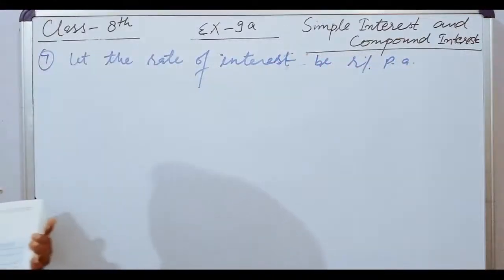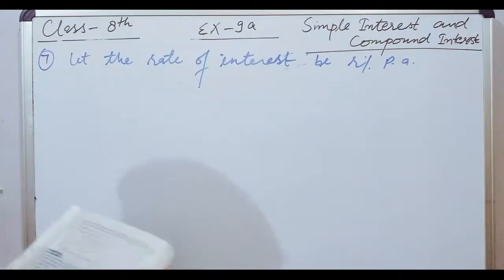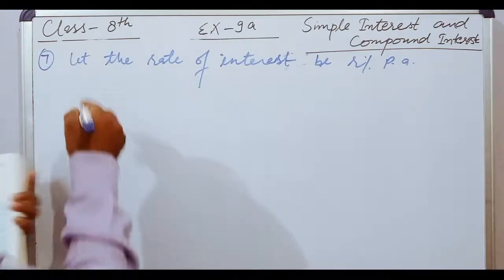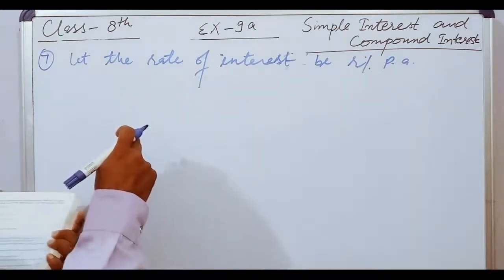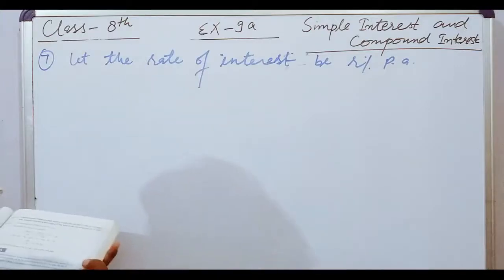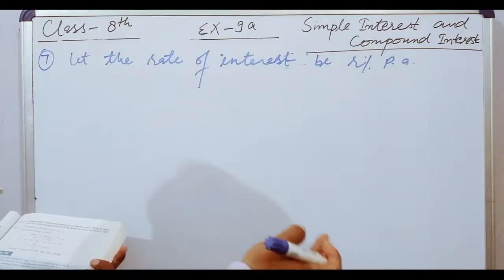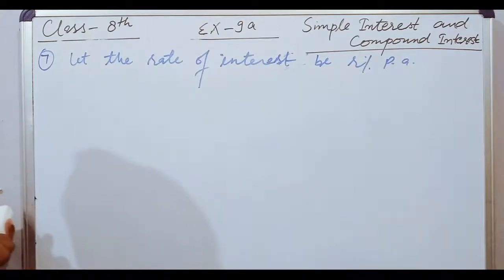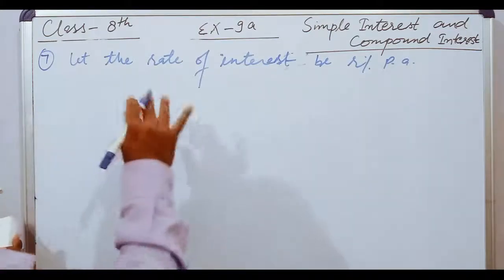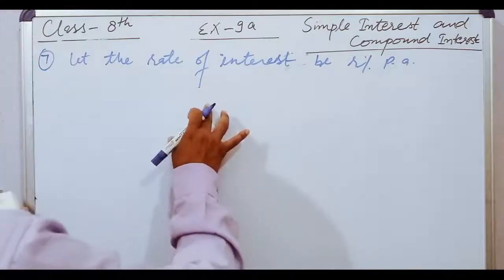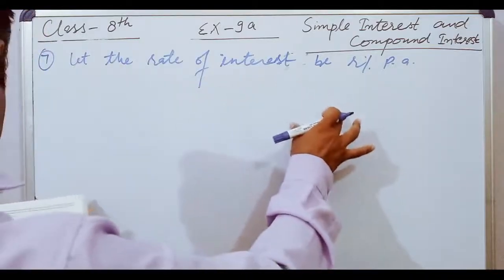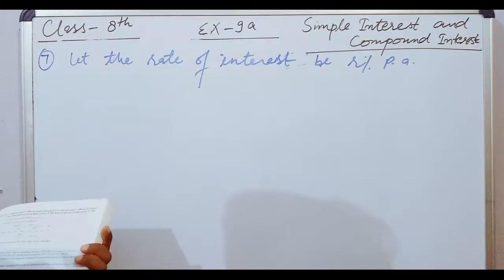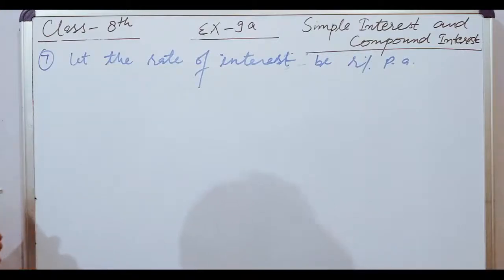It means we have to find interest 3 times: for 400, for 550, and for 1200. We will add all and make it equal to 1020. Then we can find R.